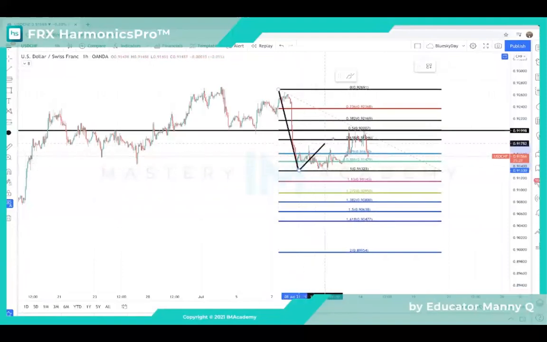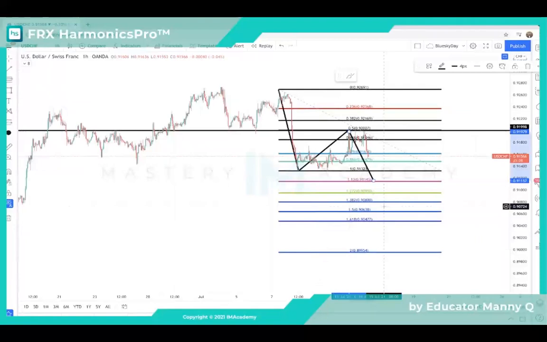Where it pulls back to is the retracement. So this pulled back to the 50%. Now, as the market continues to push and breaks the low, this is now called an extension. Once the market breaks that low and continues to come down, that's an extension in the market.